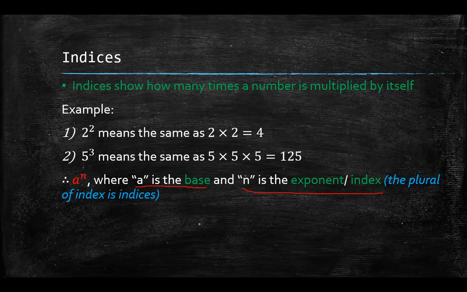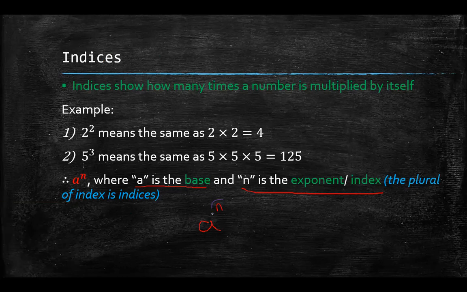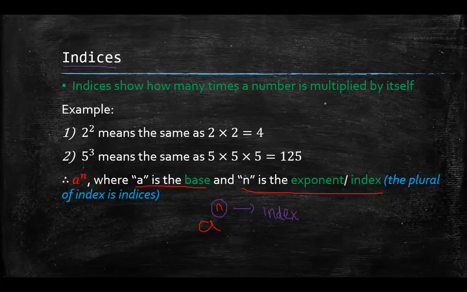It's because of this. A to the power of n, this n is known as an index, and the plural of index is indices. That's how they got this word, indices.